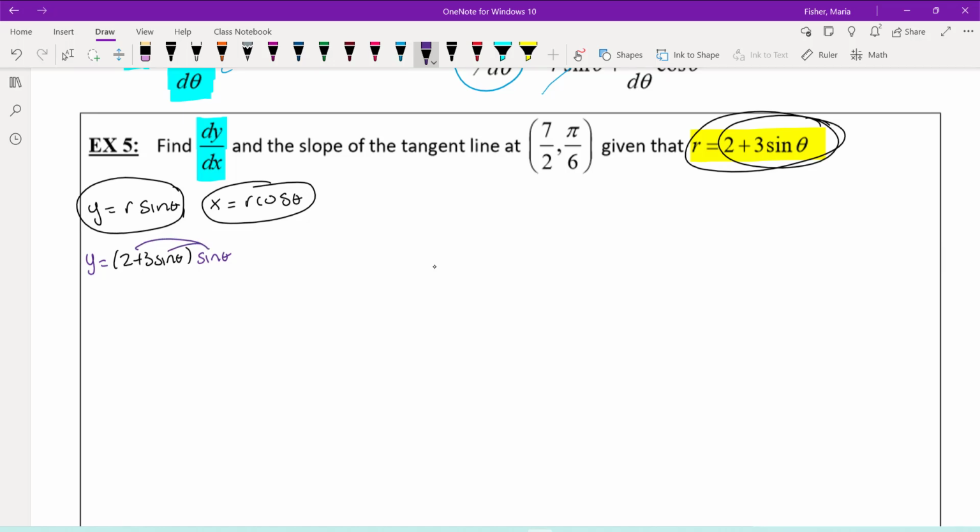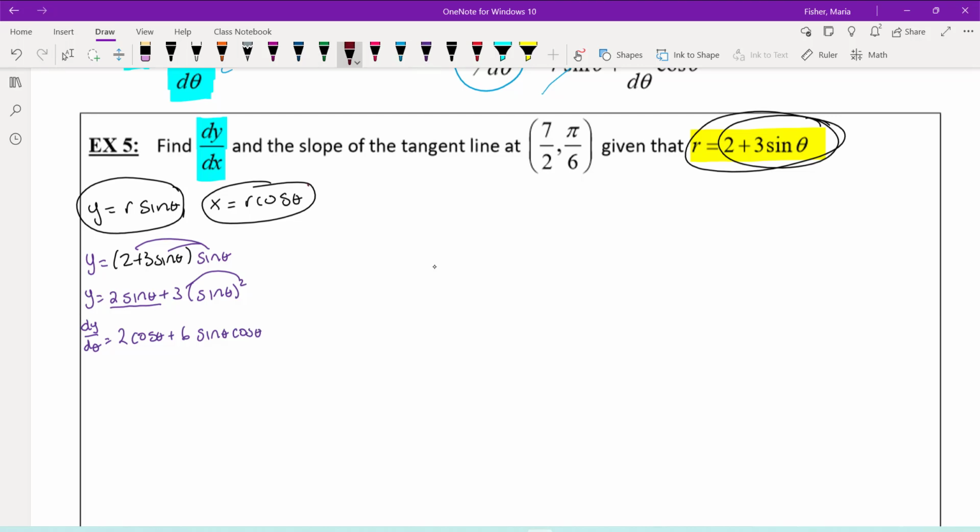If I distribute, I end up with 2 sine of theta plus 3, and I'm going to write this as the sine of theta squared. Therefore, the derivative dy/d theta is going to be the derivative of 2 sine of theta, which is 2 cosine of theta, and then here your derivative is going to use the chain rule, so that's going to be 6, and then sine of theta times the derivative of the sine, which is the cosine of theta.